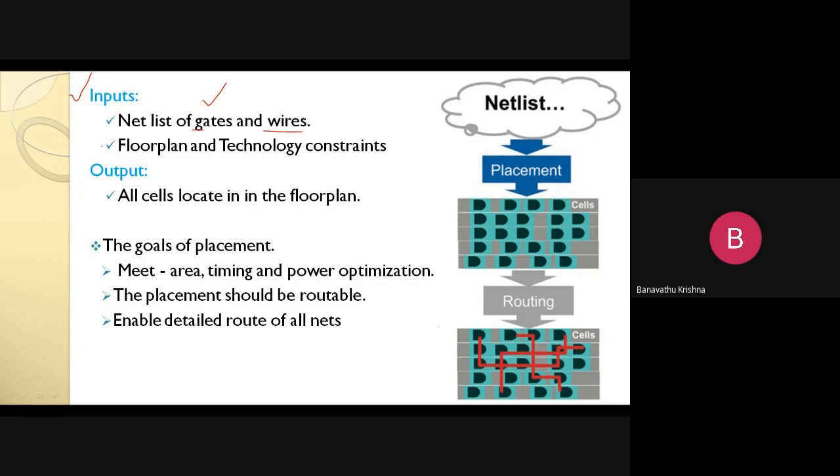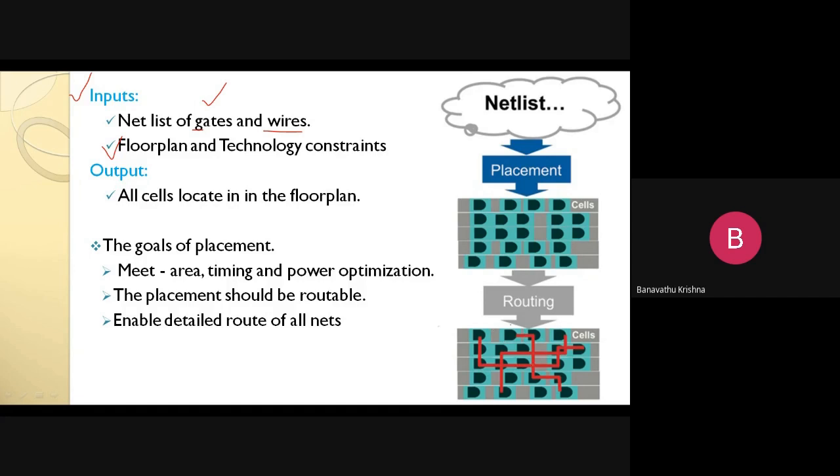The second input is the floor planning and technology constraints, that is, what technologies are going to be maintained. That is global floor planning. In global floor planning we want to maintain some parameters, such as minimization of area, timing constraints and conventions like that. And the output is that all cells are located in the floor planning. So this is our floor planning here, all cells being located.